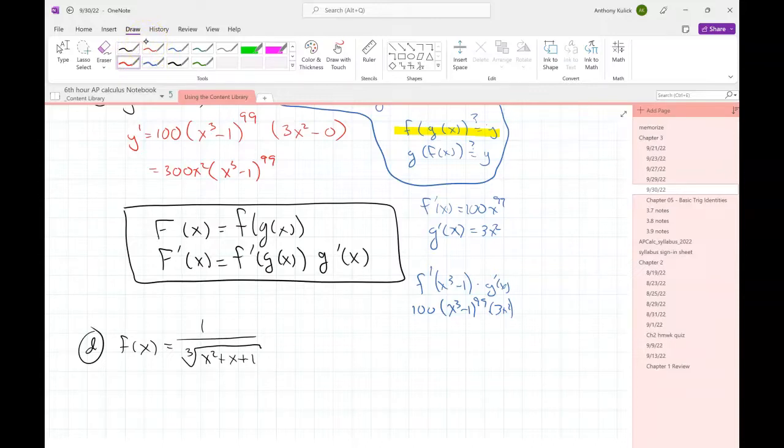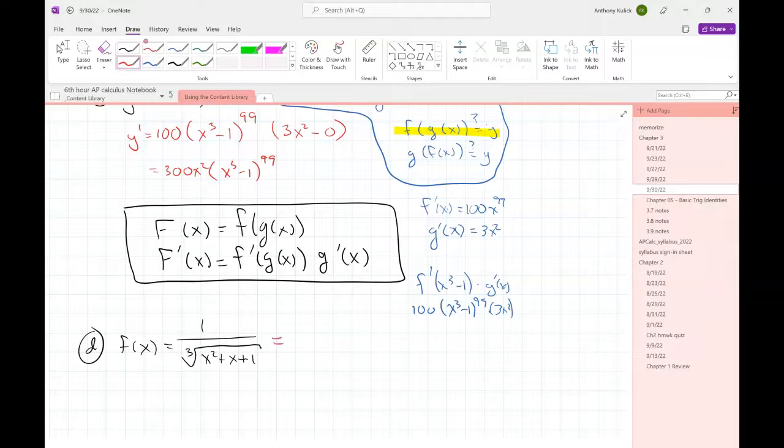So if you look at this problem, what do we have to do? What rules are we going to have to use? Looks like there's going to be a quotient and a chain rule in this, right? Because you'll have to use the chain when you differentiate the cube root of x squared plus x plus 1.